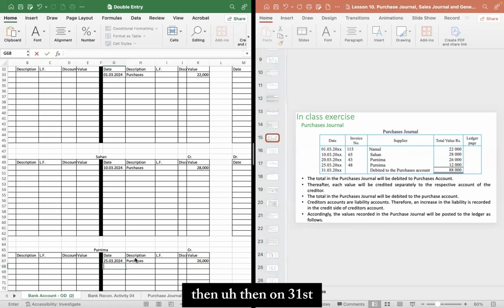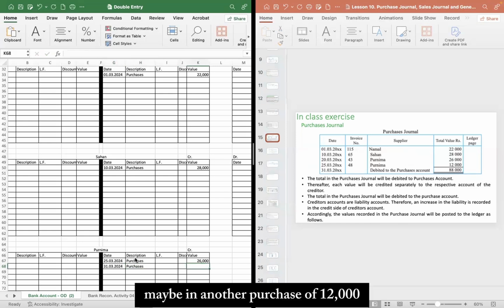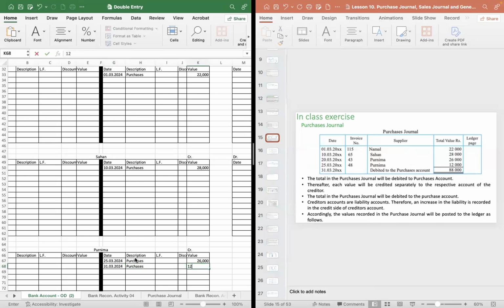Then on 31st, 2024, again another purchase of 12,000. That's it.